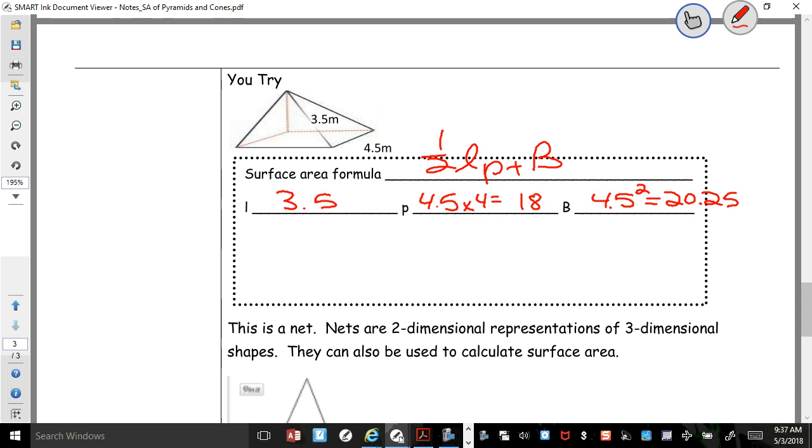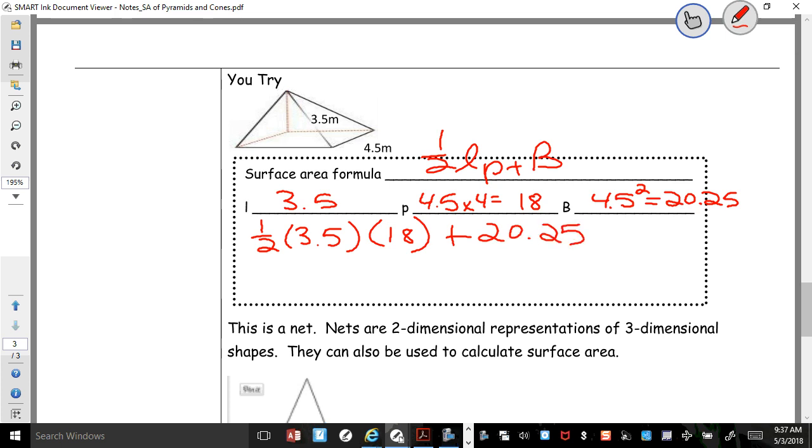Now I'm going to take 1/2 times 3.5 times 18 plus 20.25.